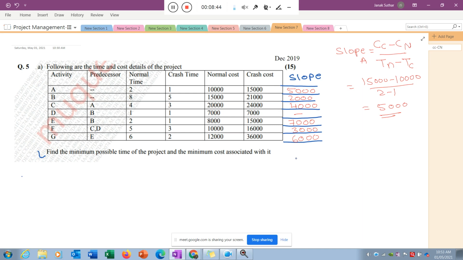To find that, there is one method: you need to draw the network diagram, and in the network diagram identify the longest path available. That is the critical path, and the critical path will tell you how much time is needed to complete this project.